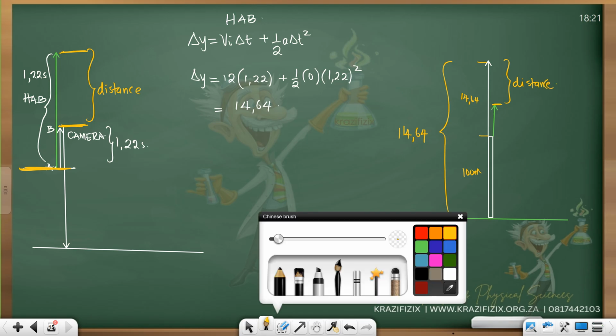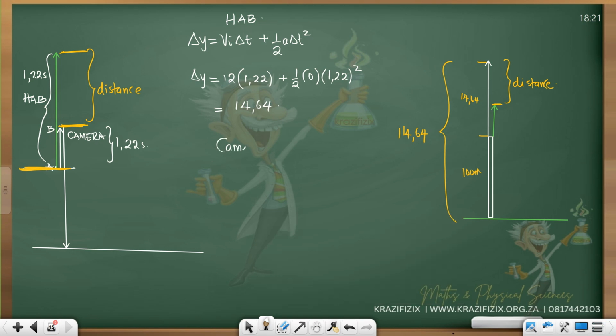So let's look at the camera. What is the maximum height that the camera has reached? I think we can use the same formula. Delta y equals vi delta t plus half a delta t squared. What's the initial? The initial is 12. The time of travel is 1.22 plus half.